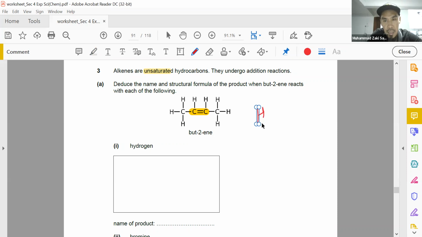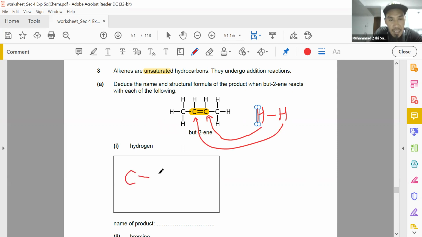So what happens when you add hydrogen? Hydrogen is H2. Remember addition? You add the atoms into the carbon-carbon double bond. So let's see how it is added. This hydrogen goes to this carbon, the other hydrogen goes to this carbon. So what do you get? You get butane, an alkane.